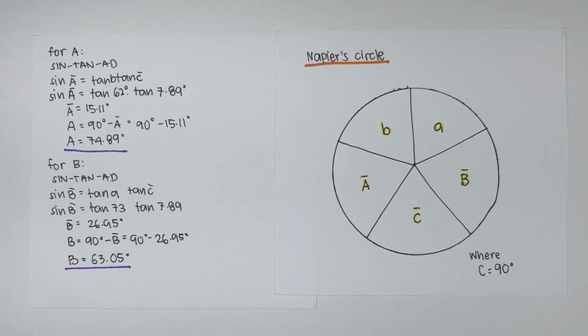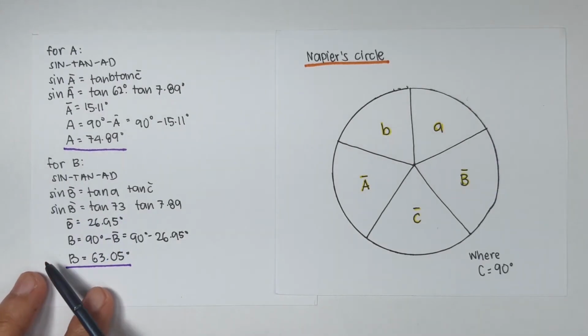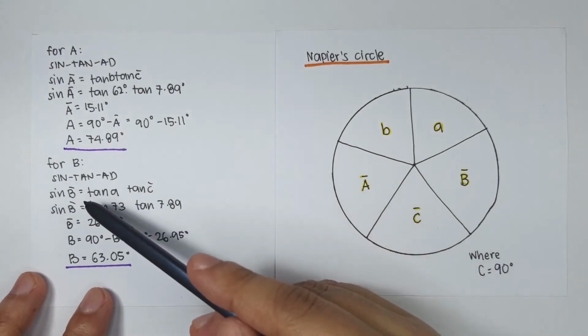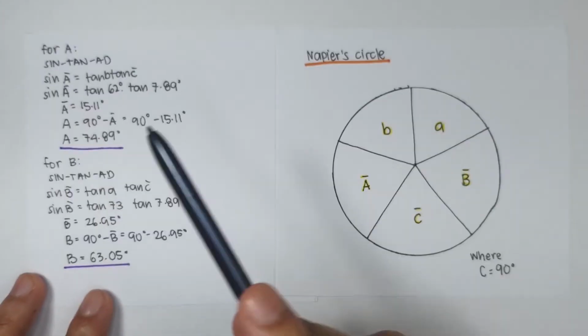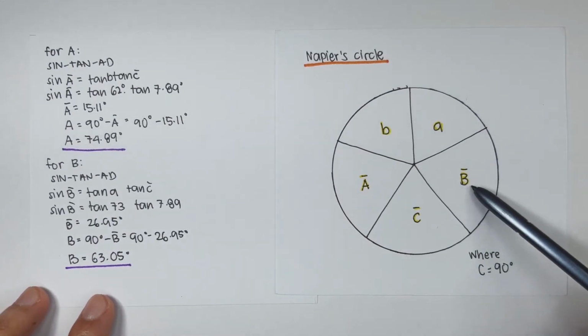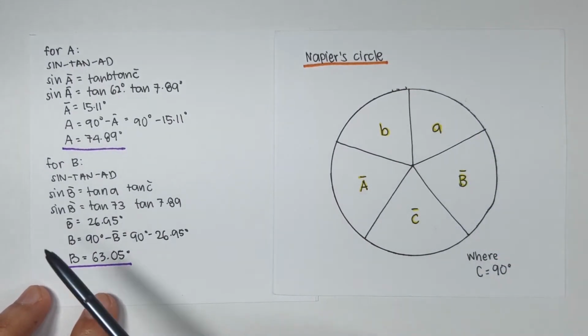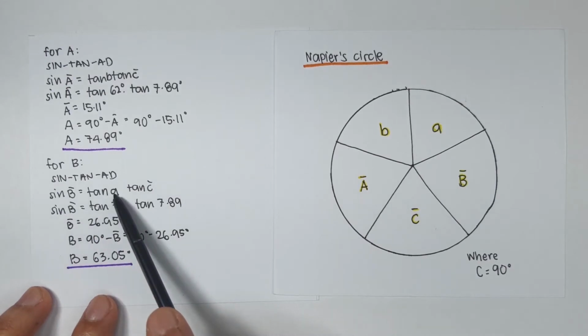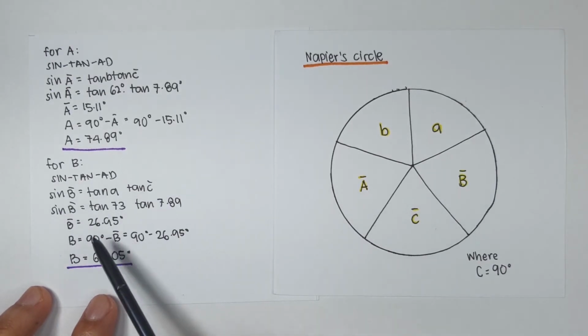Now we know the value of angle A. Last one is angle B. So to solve for angle B, we can use either the sine tan ad rule or the sine co-op rule, whichever you want. So say for example, let's use the sine tan ad rule. So that is sine B bar is equal to the tangent of the adjacents. That's sine B bar is equal to tangent of A times tangent of C bar.